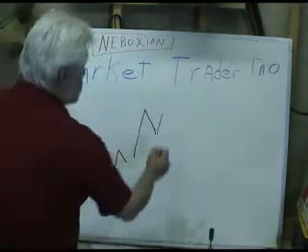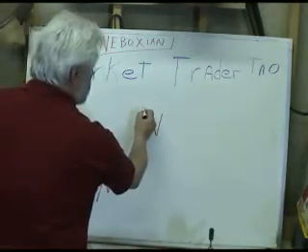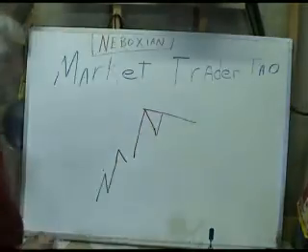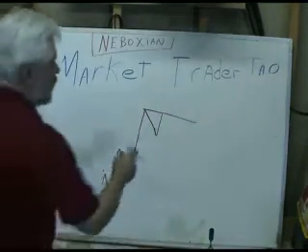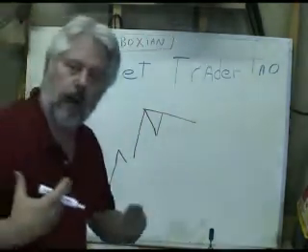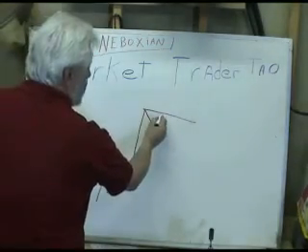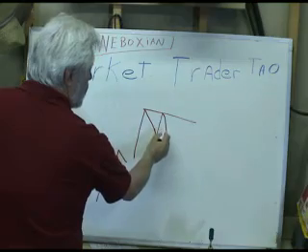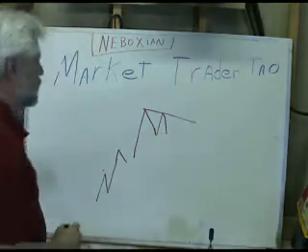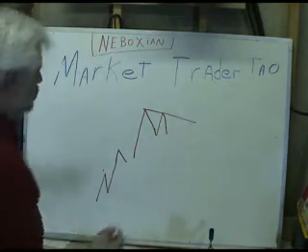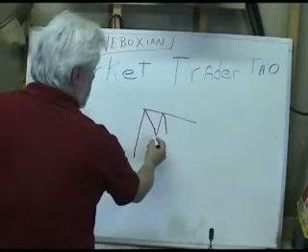And then you're going to hit a resistance line where there are no more buyers right now. And the sellers will move back in and they'll move back down to a new level.